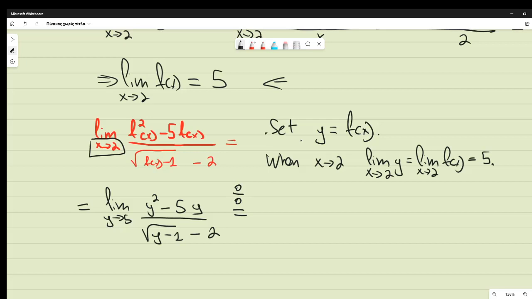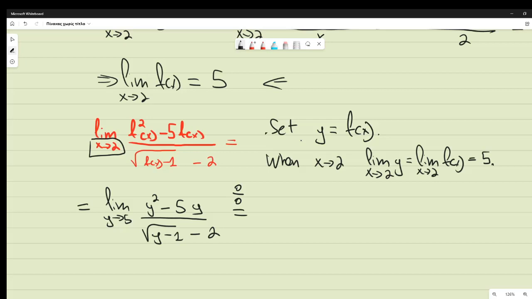The way you solve this limit is quite easy. What we are going to do is to multiply the numerator and denominator by the adjoint representation. This is a typical way to solve this kind of limits.